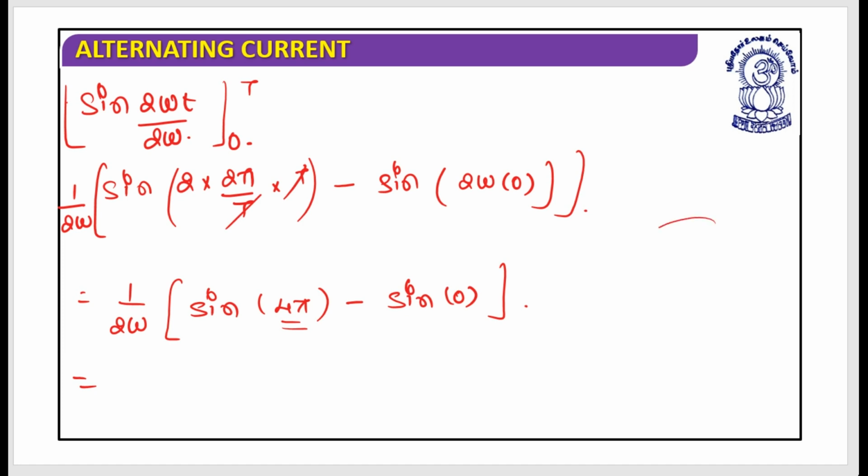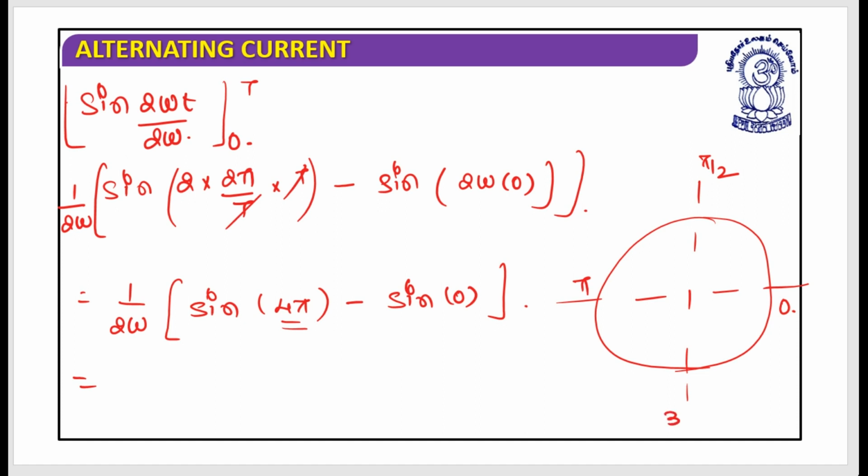If you want to understand this well, let's take this circle. This is 0, pi by 2, pi, 3 pi by 2. This is 2 pi. If I rotate for one more circle, it's 4 pi, 6 pi, 8 pi, and onwards.